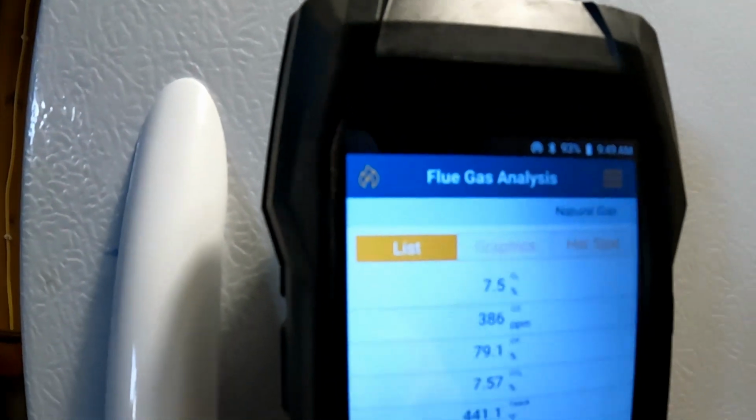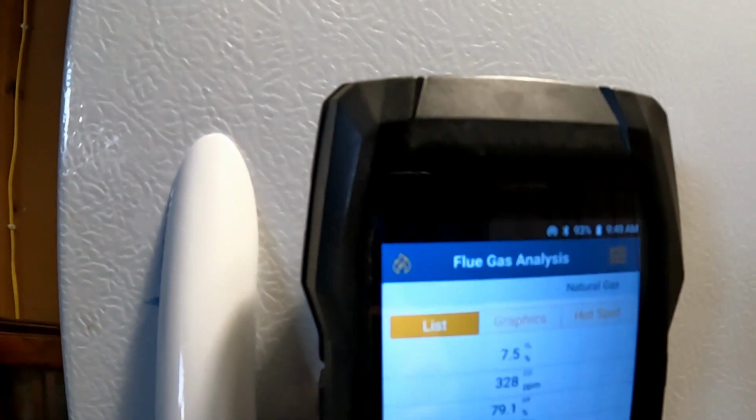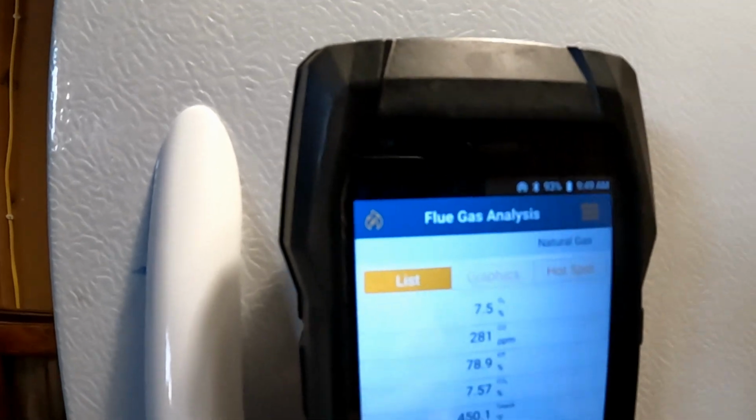I don't have it all the way around, maybe. It didn't go up as high. Dropping down right away, before it was taking its time. Okay, this is an older boiler.